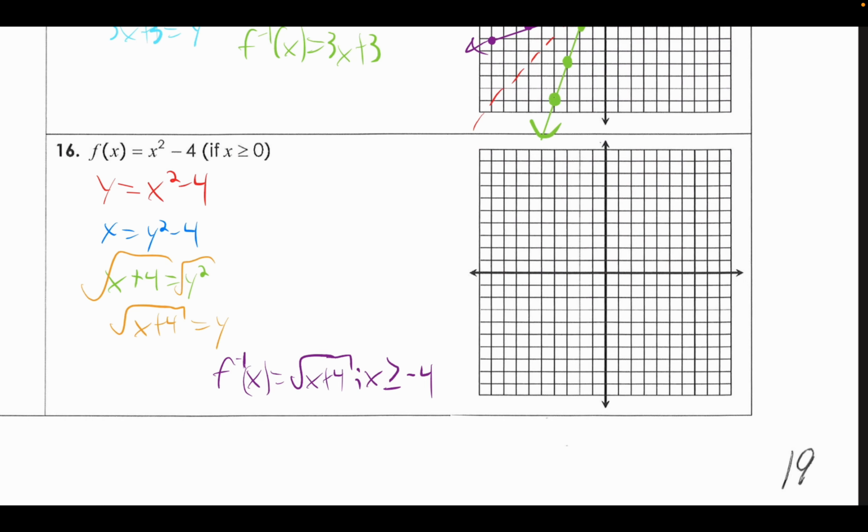So essentially, for x squared minus 4, the original, what I'll do is I'll just go left 4, and it would end up looking something like this.